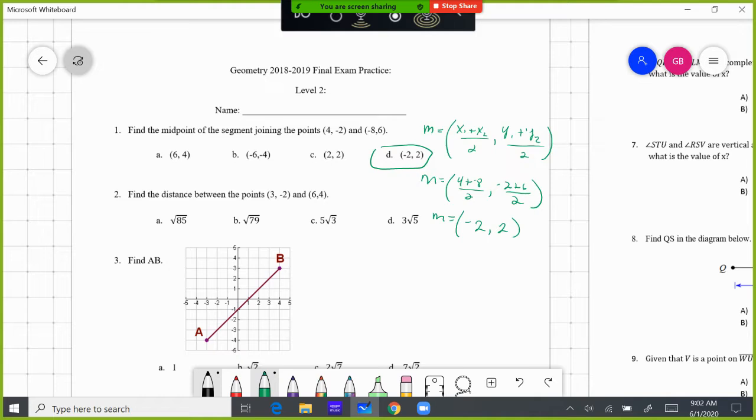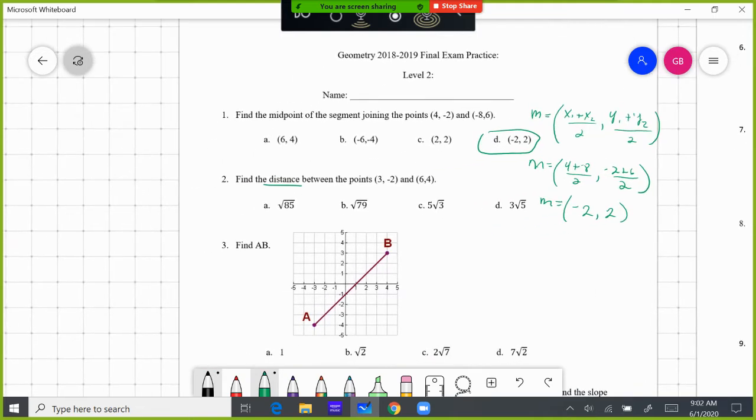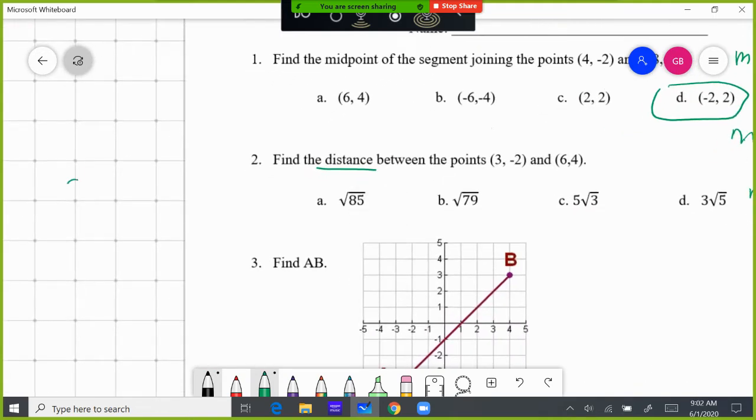Okay, for number two, find the distance between the points (3, -2) and (6, 4). Okay, so we're going to use the distance formula. That's the square root of the difference of the x values squared plus the difference of the y values squared.